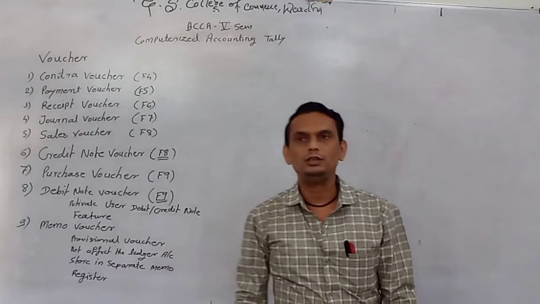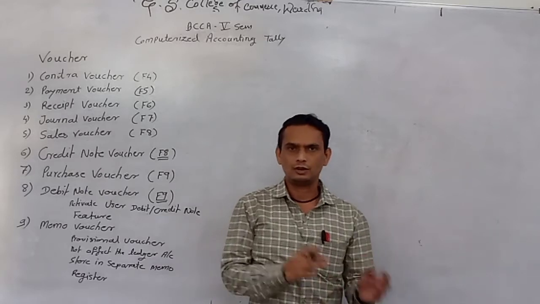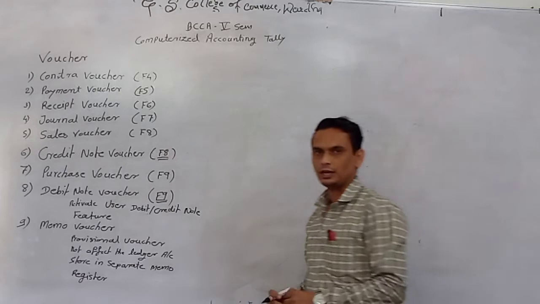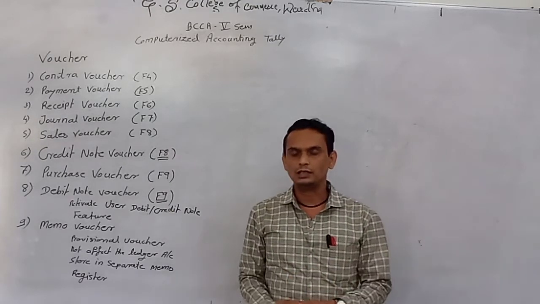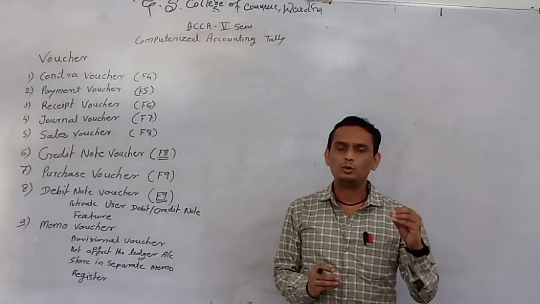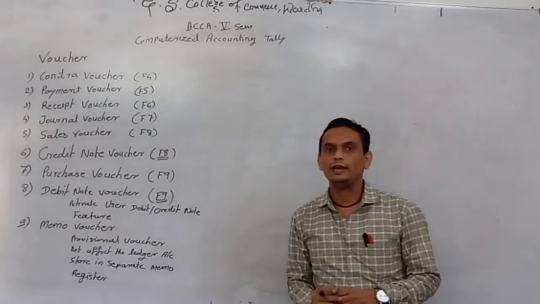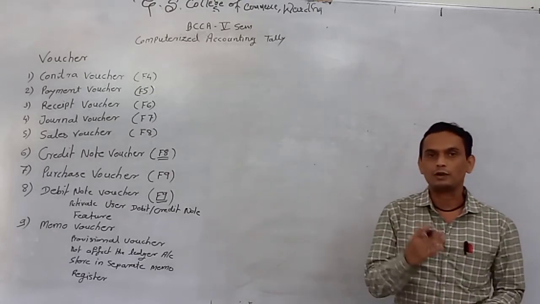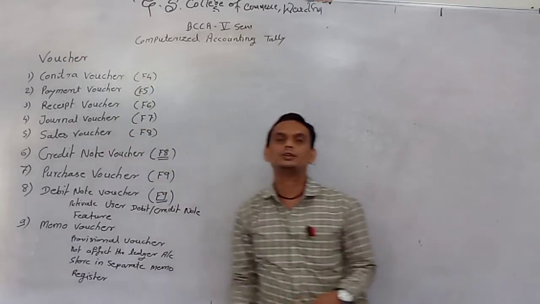Vouchers are the primary documents for recorded transactions, because we already stated that the computerized accounting system can only work on the accounts created by us, but we should enter the journal entry, and that journal entry or primary document can be entered using the voucher screen.